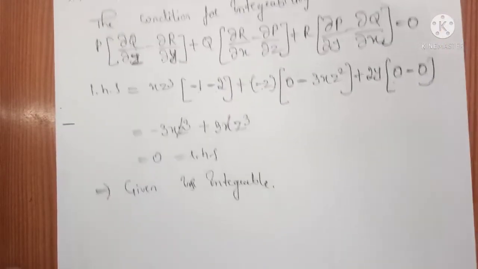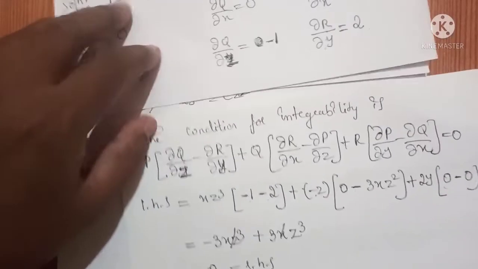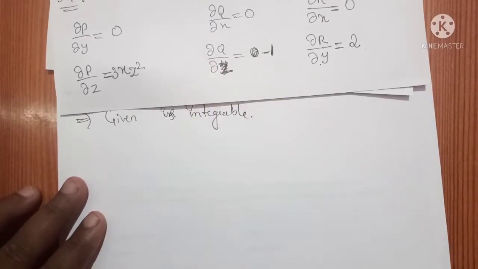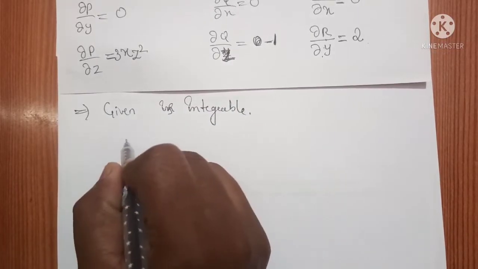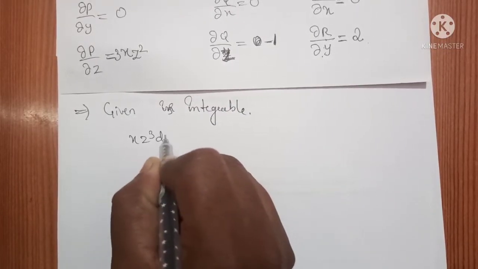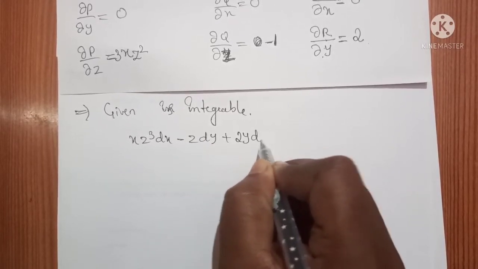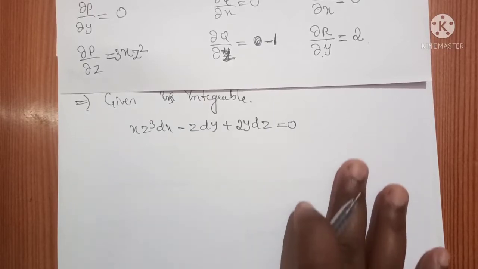Now to find the solution, first we write the given equation: x z cube dx minus z dy plus 2y dz equals 0.